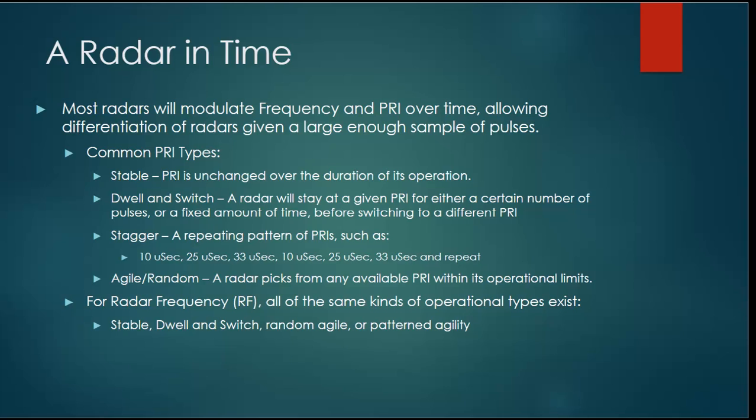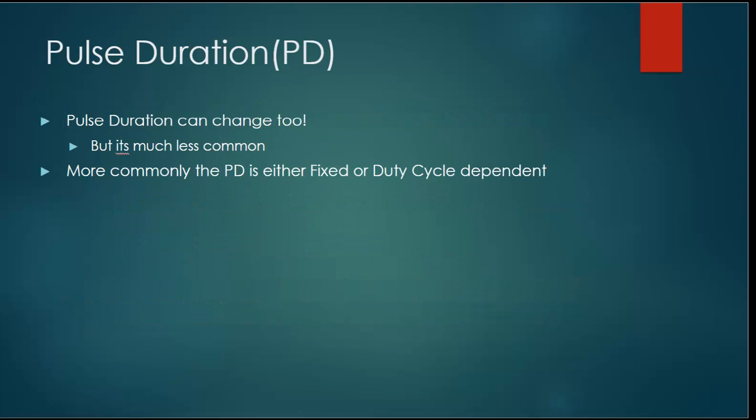And for radar frequency, or RF, you're basically seeing all those same types as we saw with PRI. So stable, dwell and switch, random agile, or patterned agility. And then for pulse duration, they can change as well.